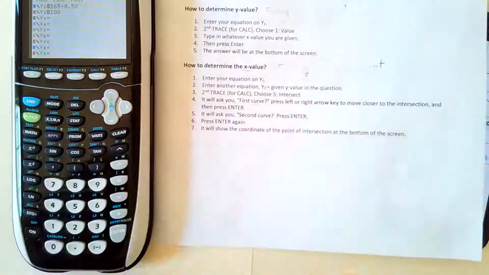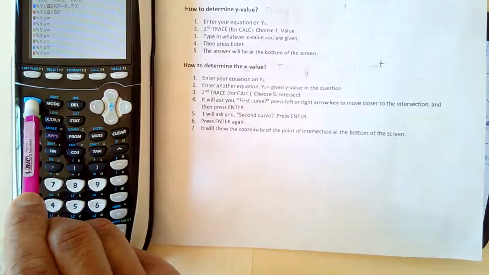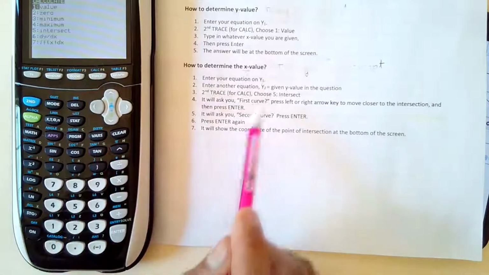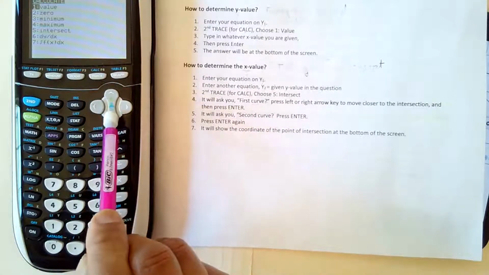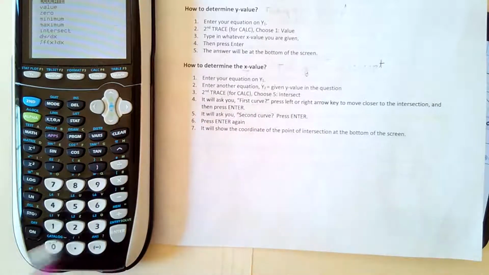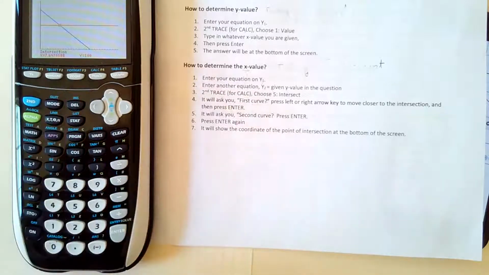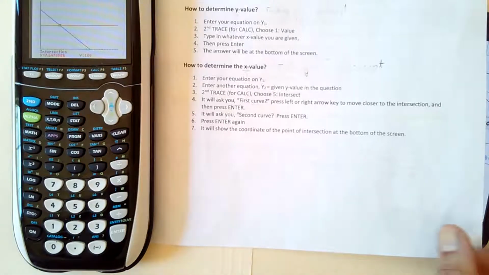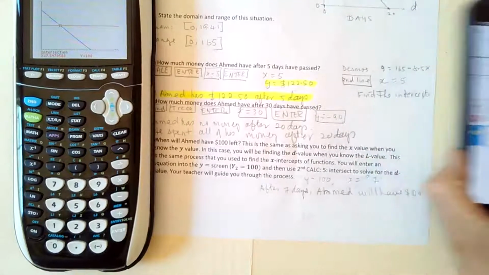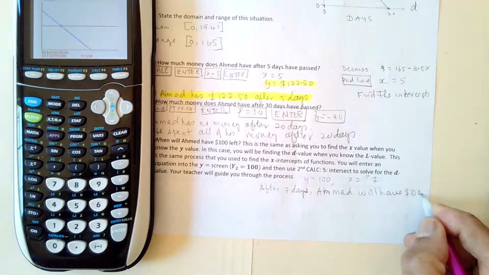The y value is 100. Then I go second trace. Then it says choose 5. So I go to number 5, press enter. And then you press enter 3 times. 1, 2, 3. And that will give you 7.647. And that's how you end up with a man having $100.